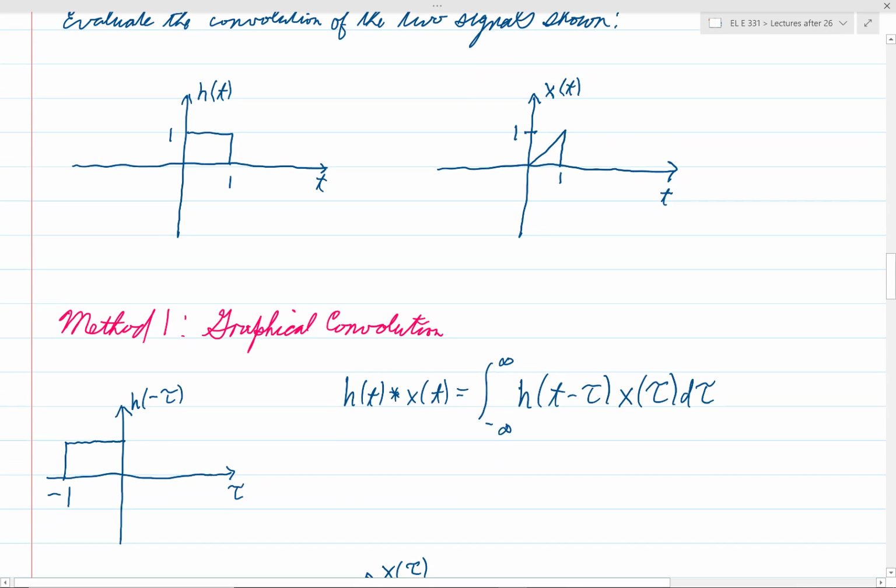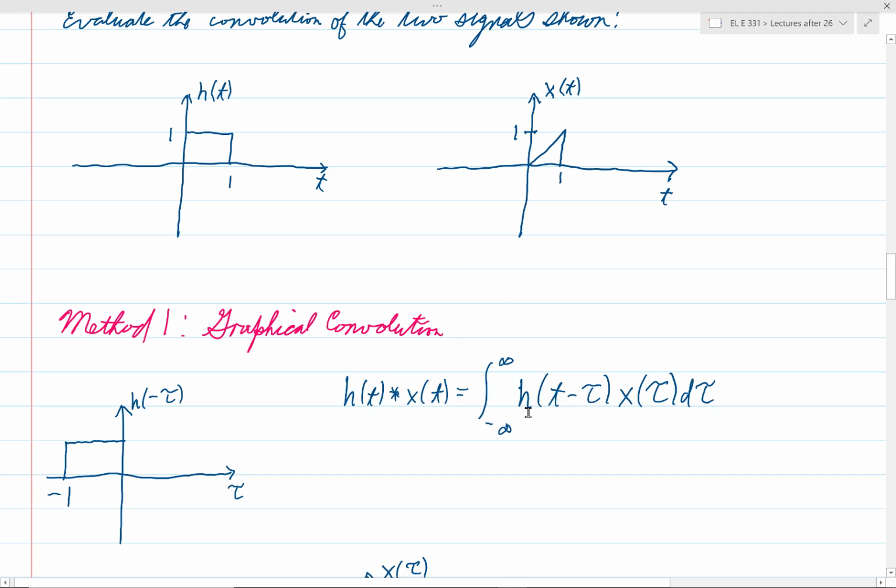Okay, well, for the graphical convolution technique, remember that we can write the convolution integral in two different ways, and that I recommended that you write it in the way that associates the more complicated argument with a simpler function. Now, to me, this function is simpler because it's equal to a constant. This one is not a constant, so I think this is the simpler function.